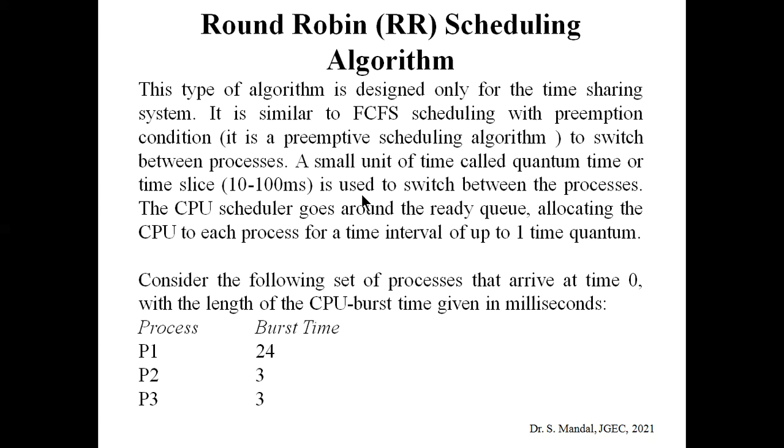Here we consider a small unit of time called the quantum time or time slice. Basically it is around 10 to 100 milliseconds, and this amount of time is used to switch between processes.